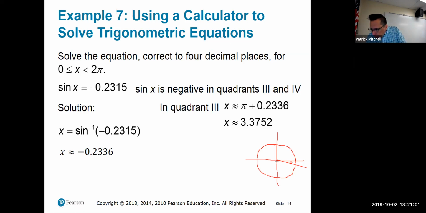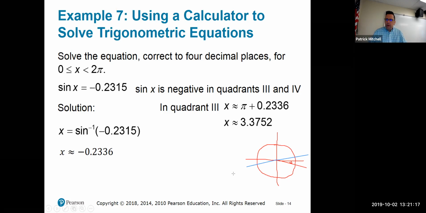So positive 0.2336 would be right about here. And then if I add pi to that, that is going to put me down here. And you can see that that angle has the same sine as the one that I got out of the calculator, right? Because the sine is the y coordinate on the unit circle.